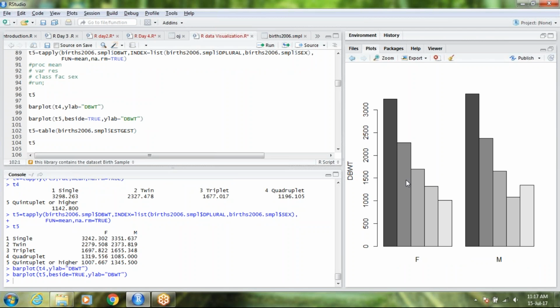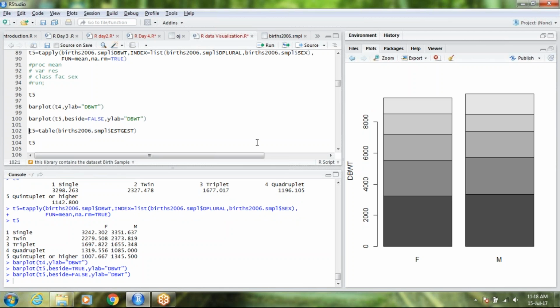Here I have two levels for gender. I have mentioned beside equal to true. What if I make beside equal to false? So it has aggregated on the same level.